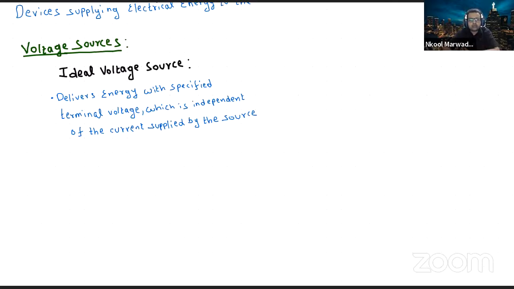Like I'm drawing the graph. First, let me draw the circuit. Like I have a circuit in which I have an ideal voltage source. This is the ideal voltage source.